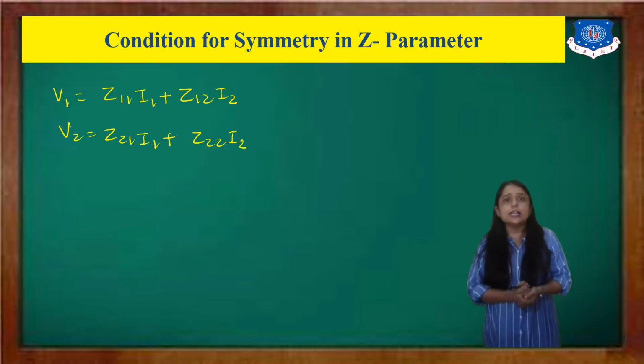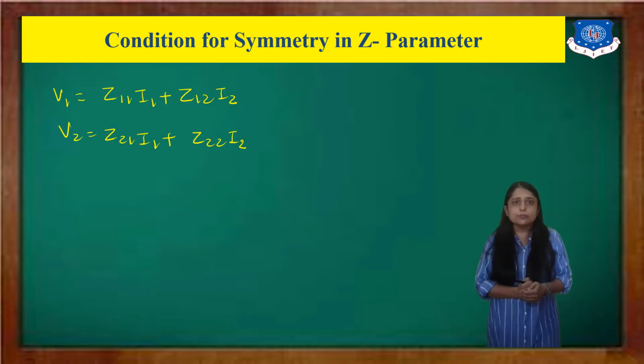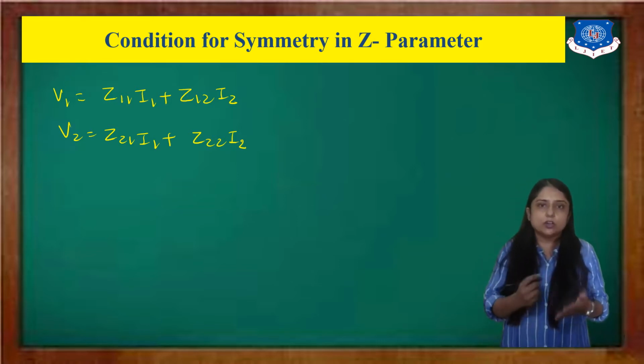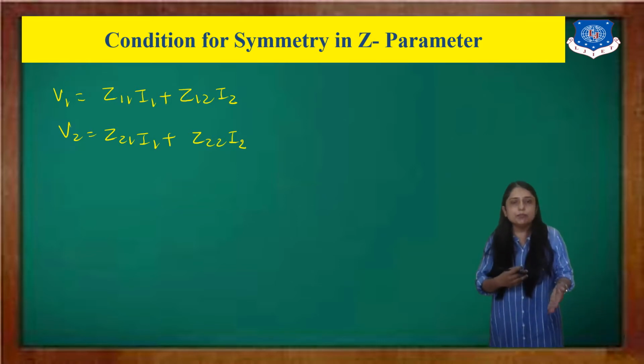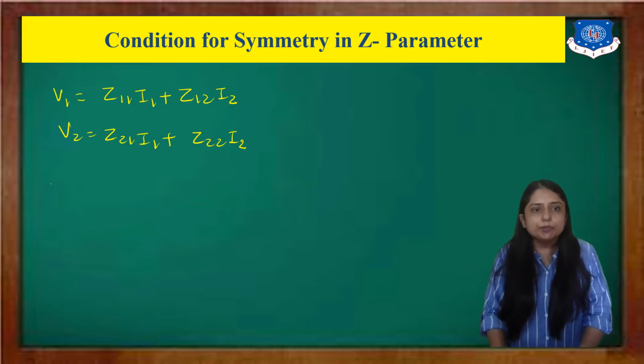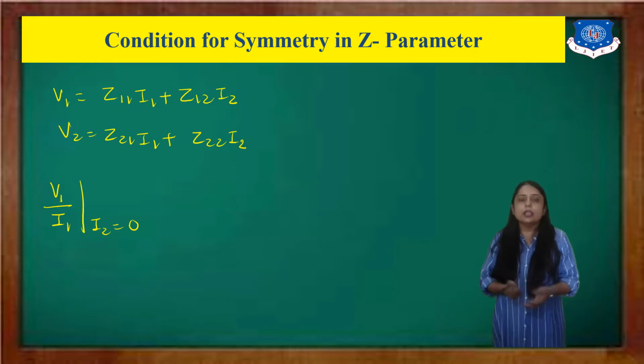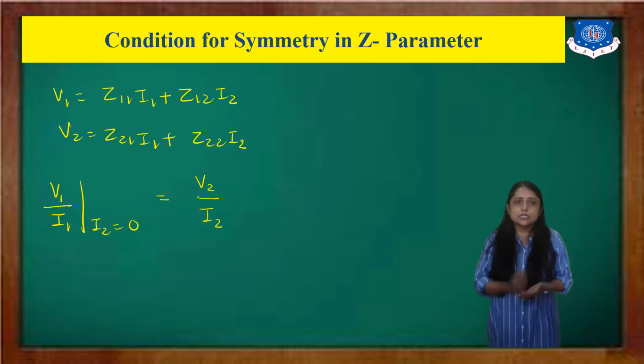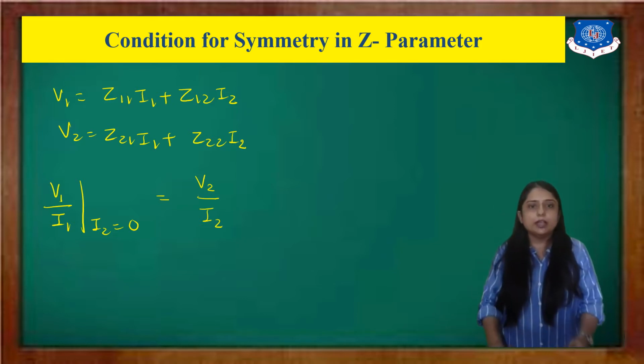We can see that the network is a symmetrical network when our input impedance equals our output impedance. So my input impedance is V1 by I1, and that I have to find out when I2 equals 0. And for my output impedance, that is V2 by I2, because I know that impedance is V by I, and if it is output impedance, then V2 by I2.